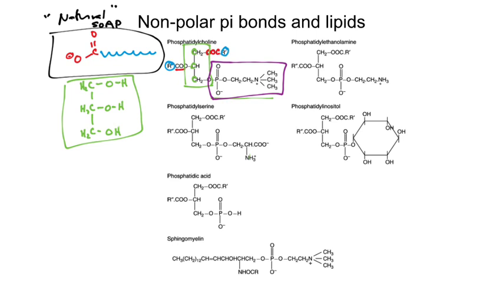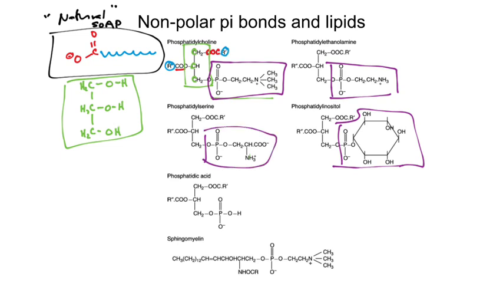So if we look at these, what we're doing is modifying that end piece. That end piece, depending on its charge state, would typically, God, this one looks weird. Oh, sphingomyelin went real wicked weird on us.